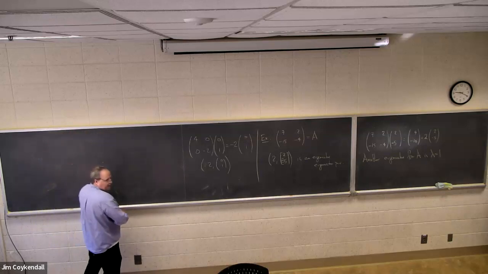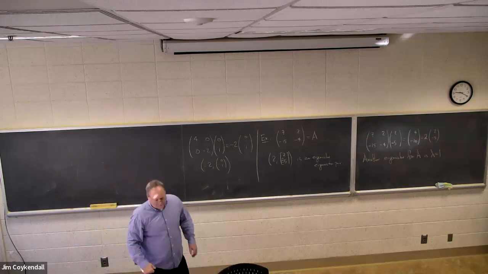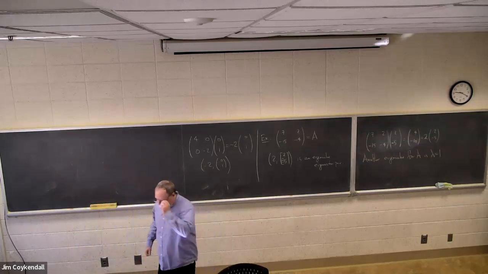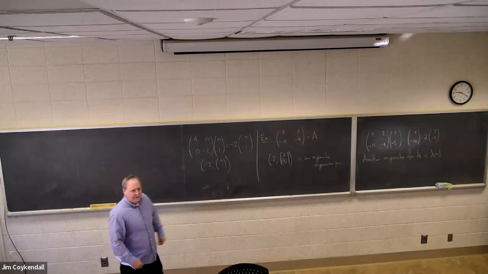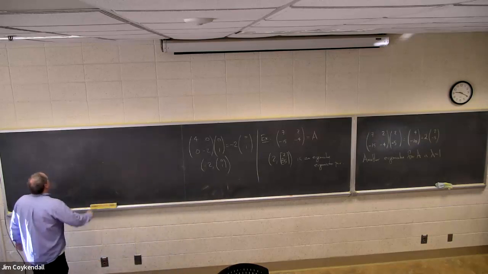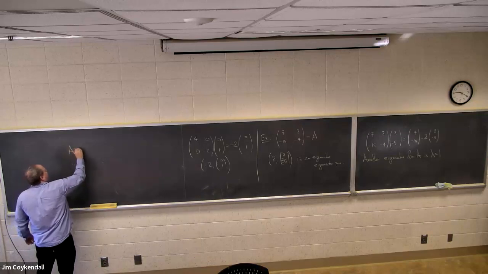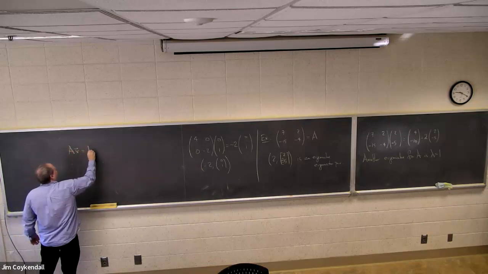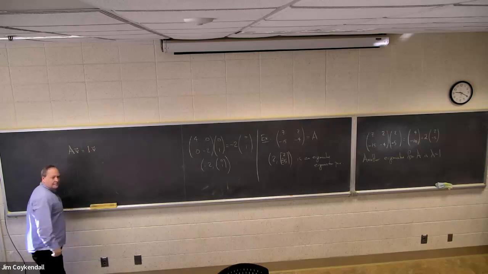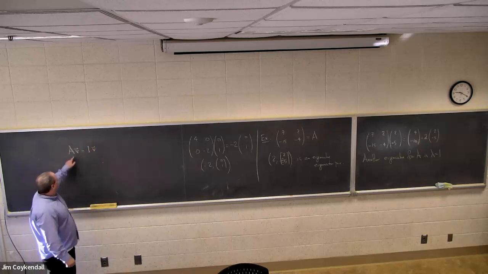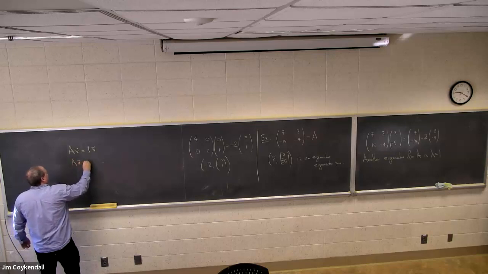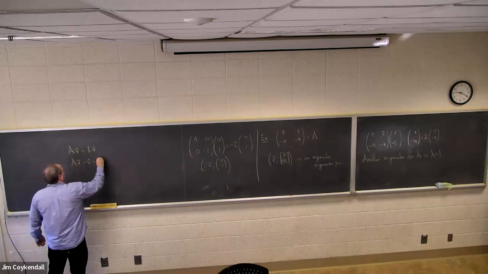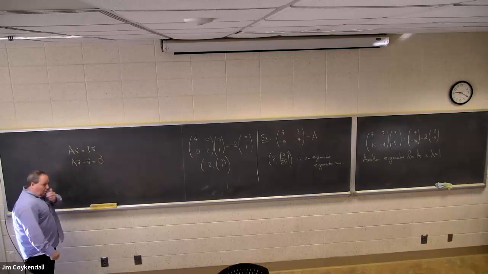How can we figure out what the eigenvector is? Let's just have a little faith in me for now, and assume that I'm correct about this. So what I have is A b equals 1 times b. This means that A b minus b is equal to the zero vector.